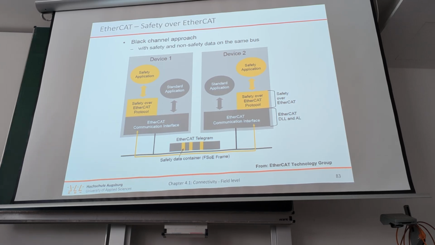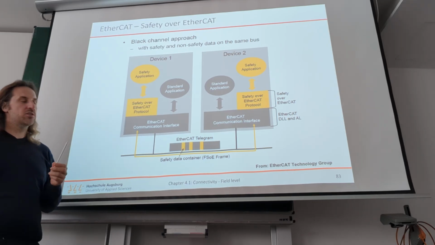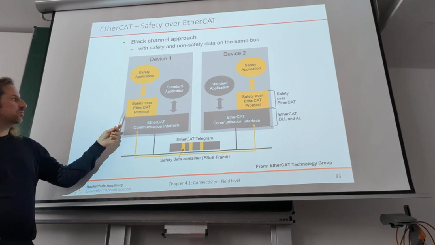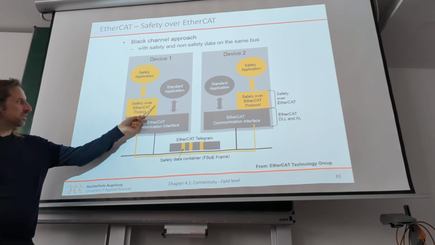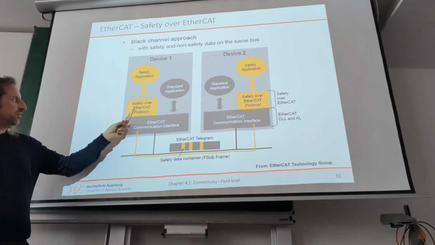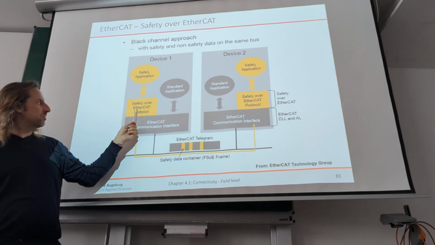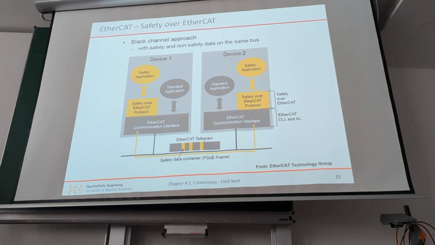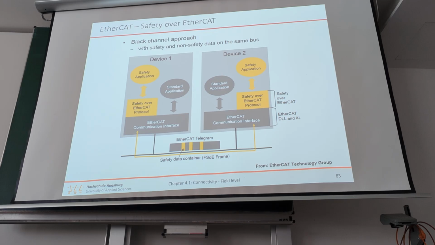For example, if you have an emergency shutdown switch and you have a drive, then usually they were connected directly, but when they connect via EtherCAT, then they have an additional safety layer, and the drive basically checks every cycle whether the button is pressed or not, and if the button doesn't answer, it assumes that the button probably is pressed, and then it executes the safety function by itself.